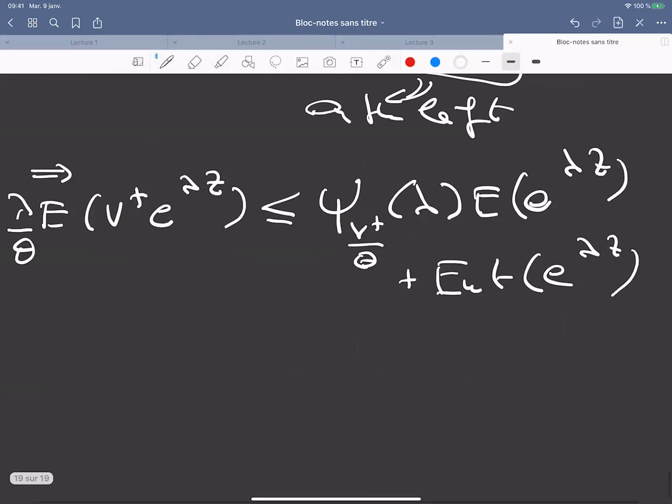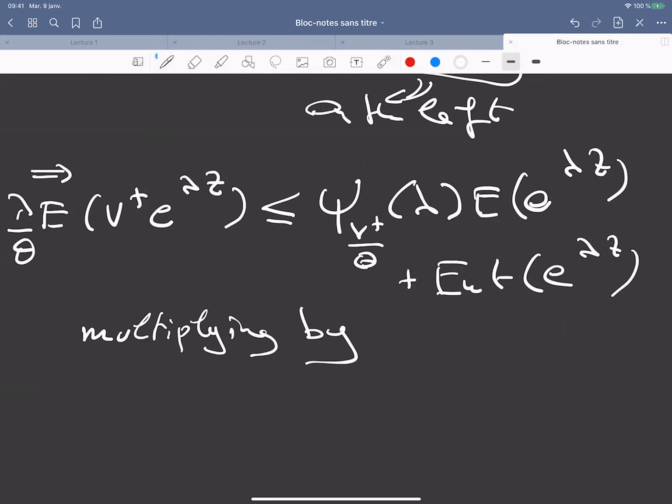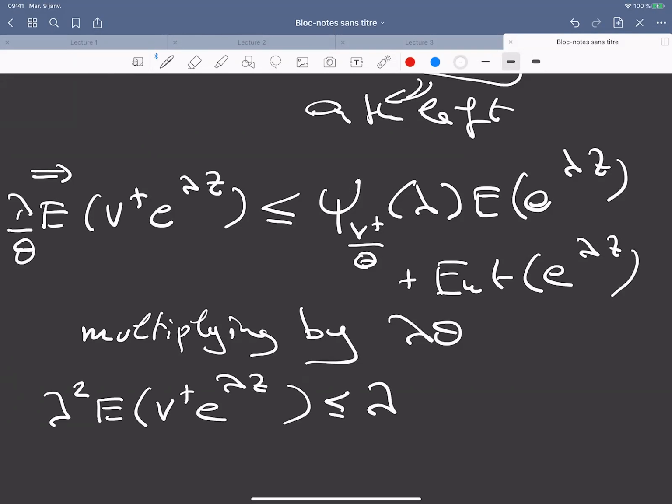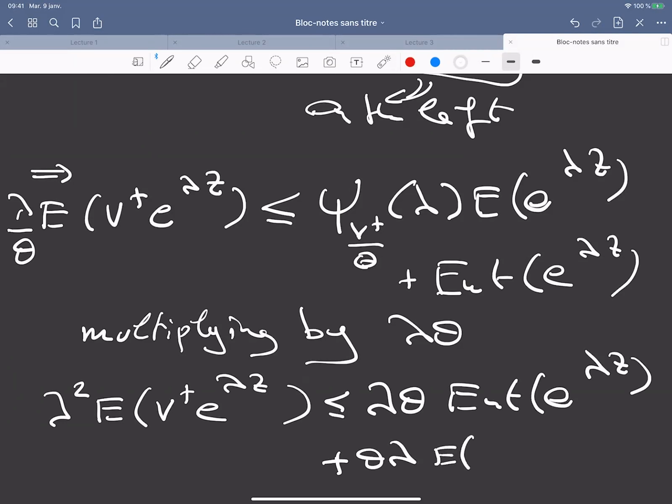And now if you multiply this by lambda times theta, you get that lambda square expectation of v plus exponential lambda z is less than lambda theta entropy of exponential of lambda z plus theta lambda expectation of exponential lambda z times psi v plus over theta at lambda.